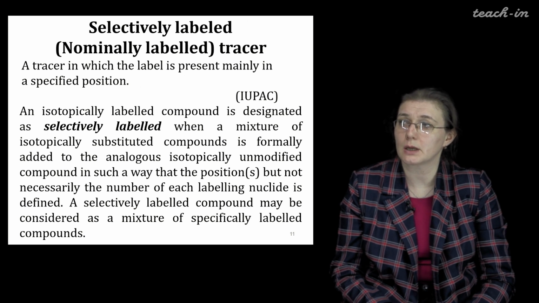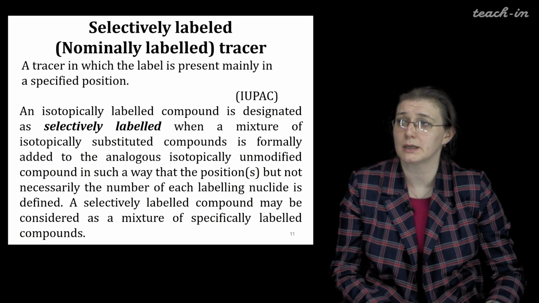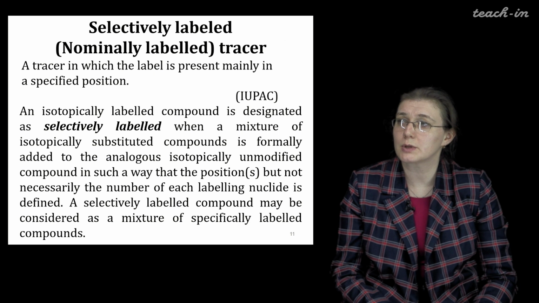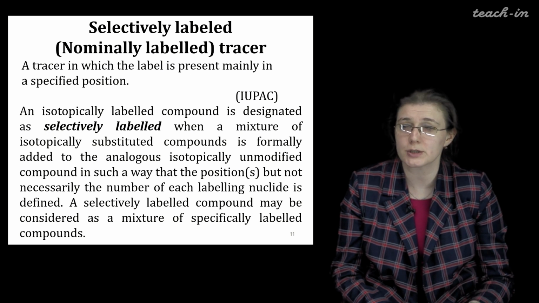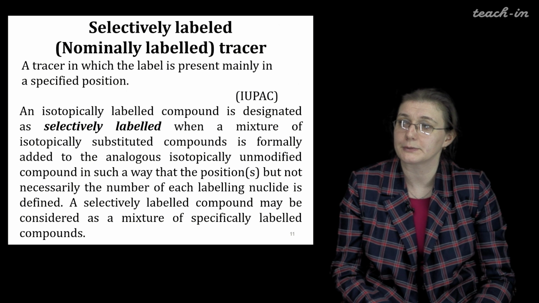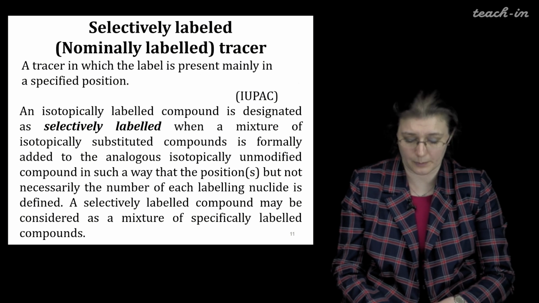Another isotopically labeled compound is distinguished as selectively labeled when a mixture of isotopically substituted compounds is formally added to the analogous isotopically non-modified compounds in such a way that its position or positions, but not necessarily the number of each labeling nuclide, is defined. A selectively labeled compound may be considered as a mixture of specifically labeled compounds.